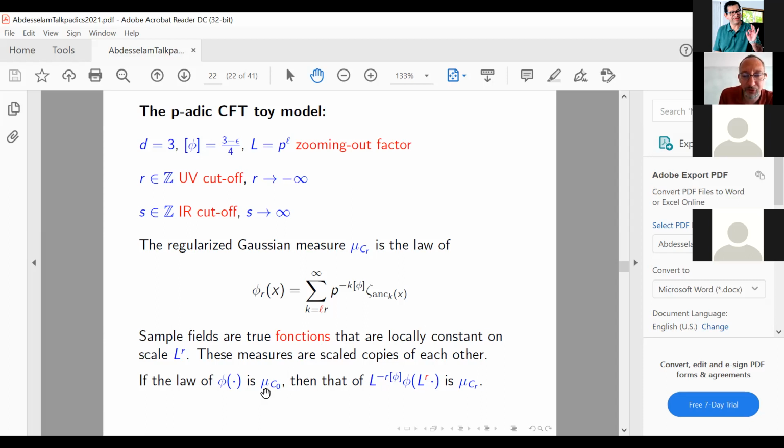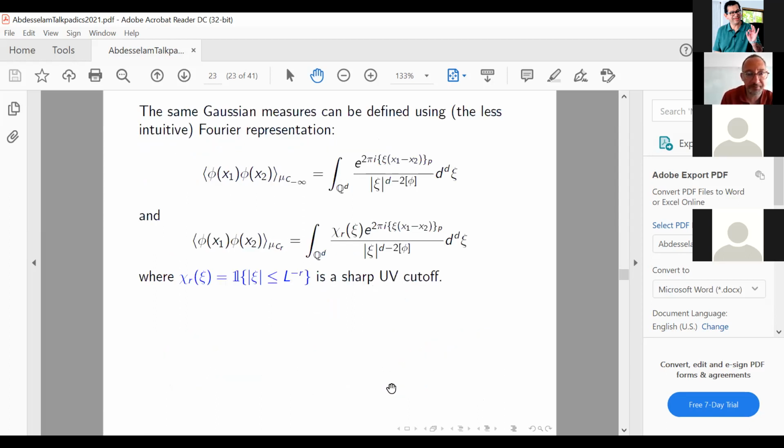So the mu C0, this is like putting a cutoff at unit scale. If you take a field sampled with that probability measure and you want to make a field sampled with the mu CR covariance, all you have to do is take this. So these are scaled copies of each other. Just to relate to the Fourier description, you can also define these measures using Fourier.